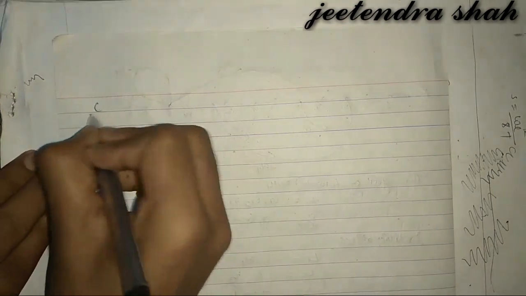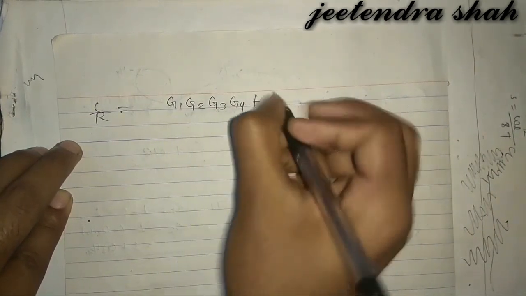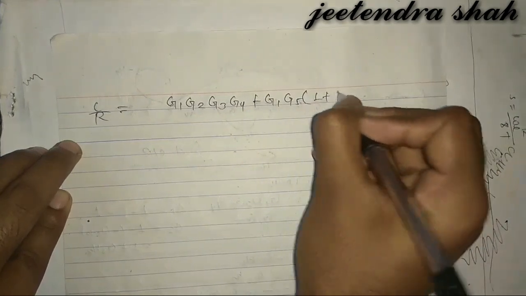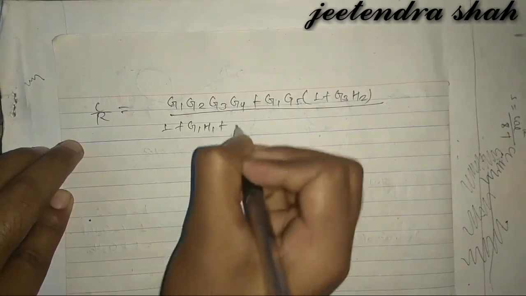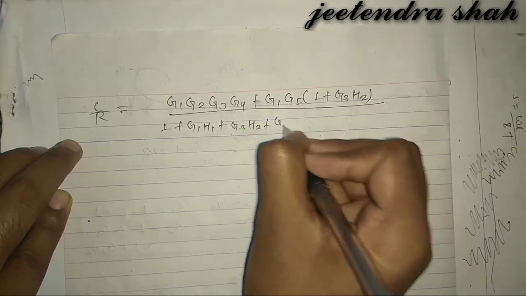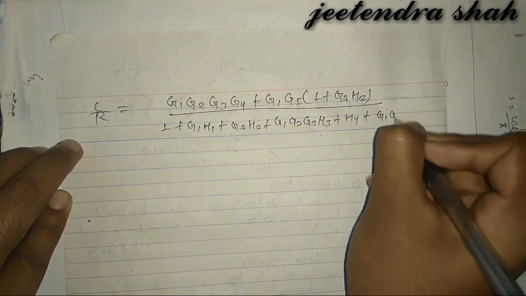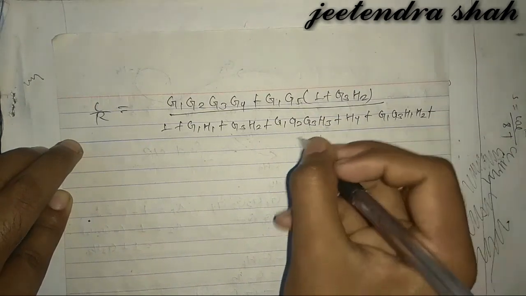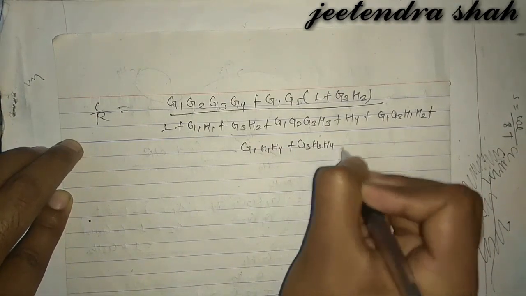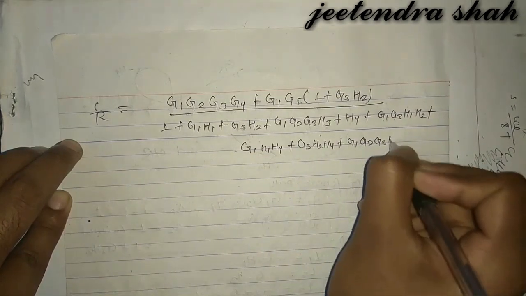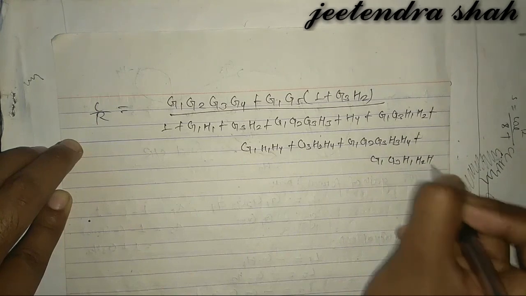by calculating we'll get here G1 G2 G3 G4 plus G1 G5 1 plus G3 and S2, 1 plus G1 S1 G3 S2, G1 G2 G3 S3 plus S4 plus G1 G3 S1 S2 plus G1 S1 S4 plus G3 S2 and S4 plus G1 G2 G3 S3 and S4 plus G1 G3 S1 S2 and S4.